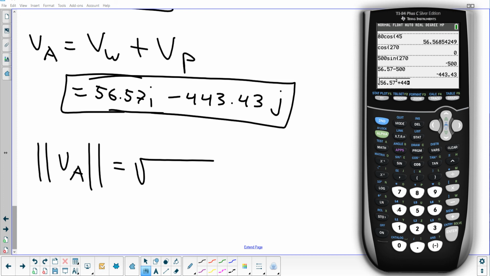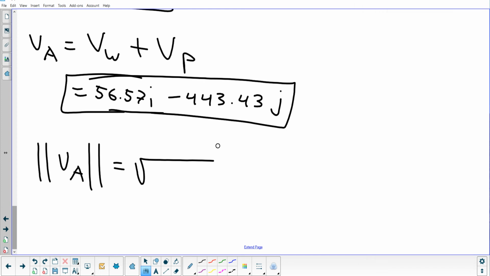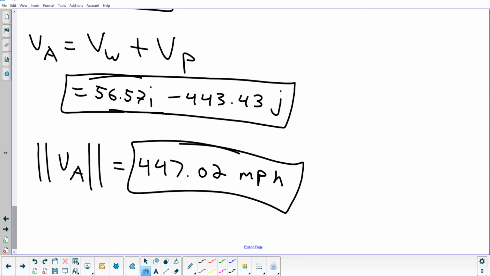And honestly, it's just one less symbol I have to type. 0.43 squared. So the actual ground speed of the plane, taking into account the wind, is 447.02 miles per hour. So there's the ground speed.